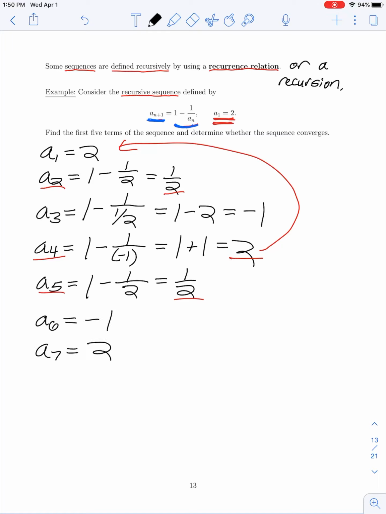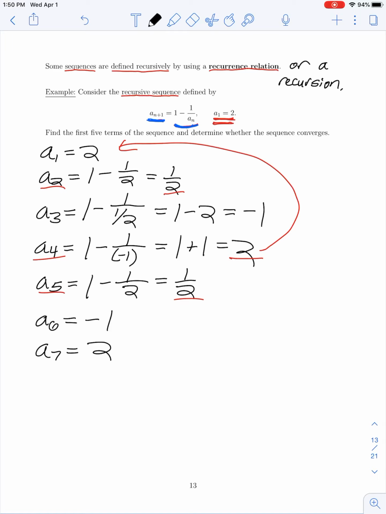So we see that this pattern is going to keep repeating. If we were to keep listing terms, our sixth term would be the same as a3, -1, and then a7 would put us back at positive 2, and we keep oscillating through these same three numbers.